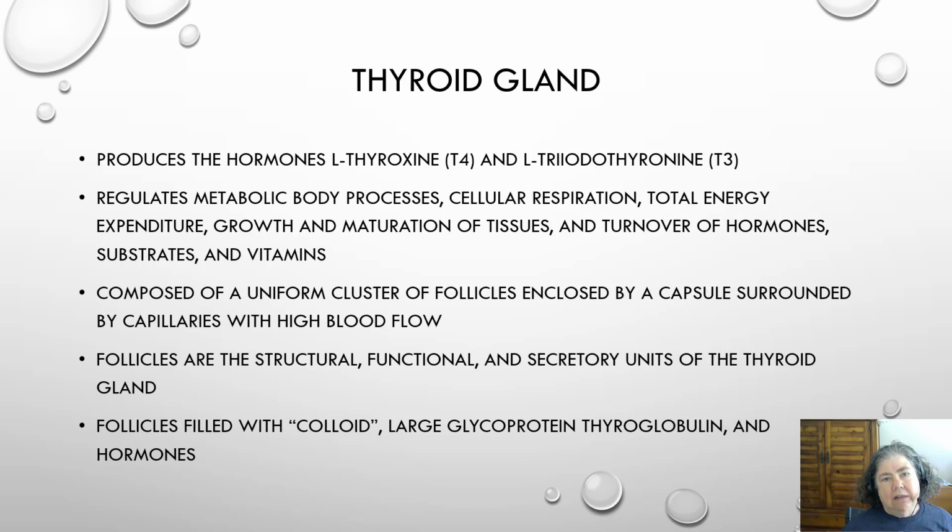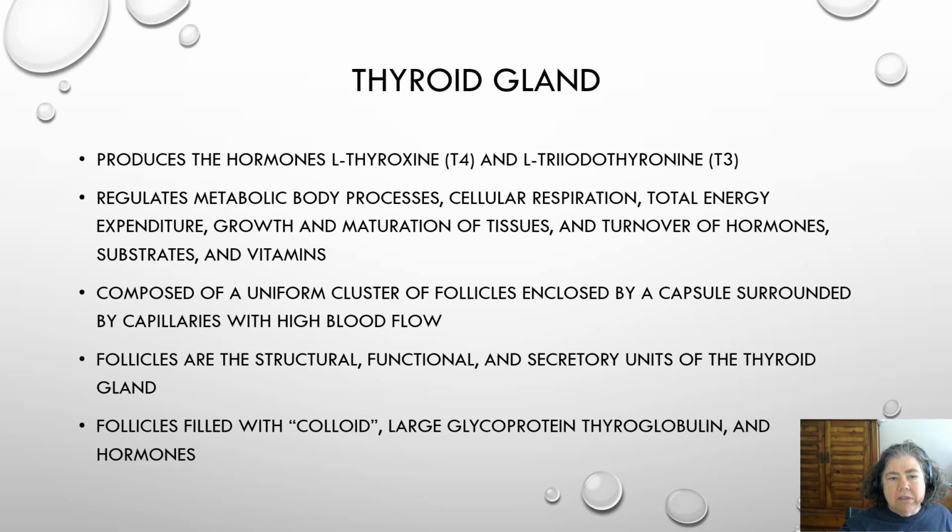Within the thyroid gland, there are clusters of something called follicles, and they are enclosed within a capsule that is surrounded by very high blood flow capillaries. When we look at the thyroid gland, we would say that a follicle is the structural and functional and secretory unit of the thyroid gland. So the follicle is the functional unit of the thyroid gland.